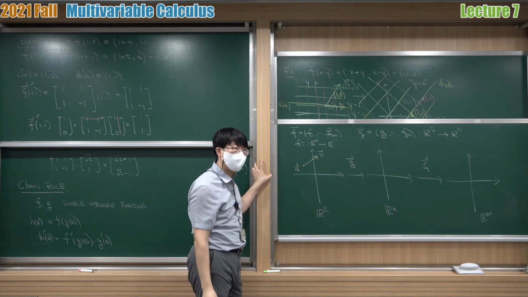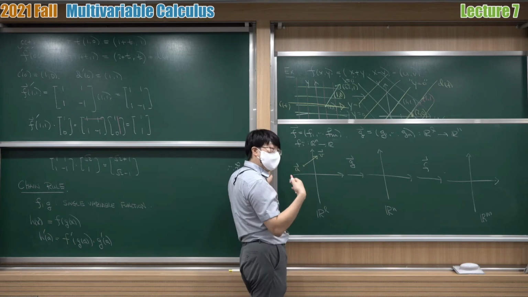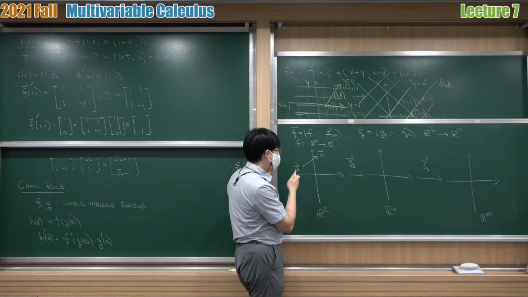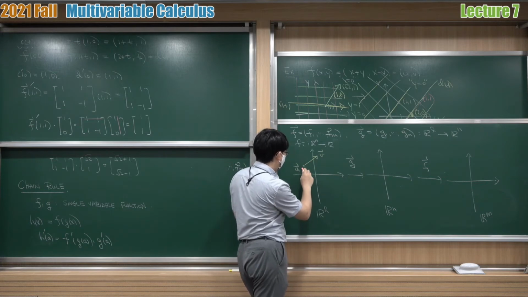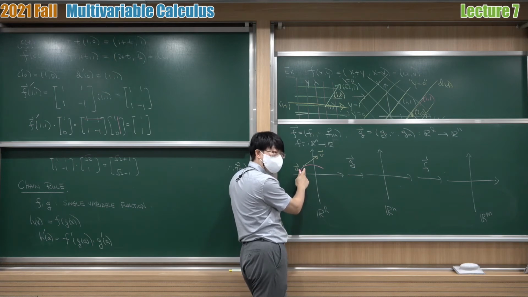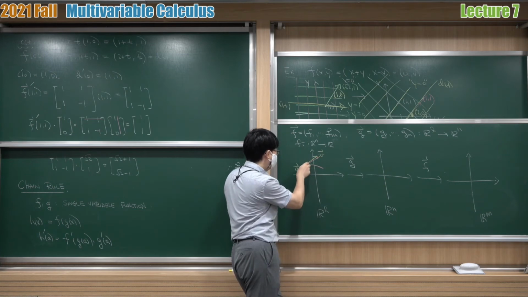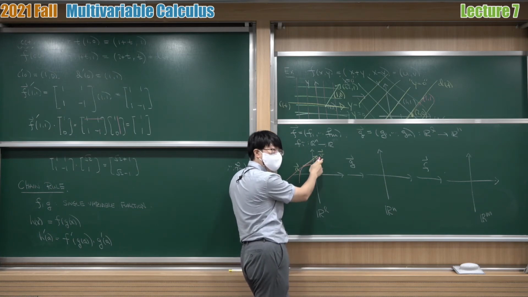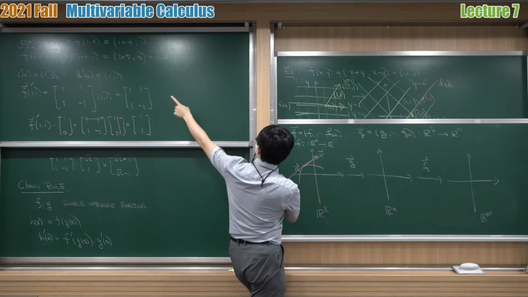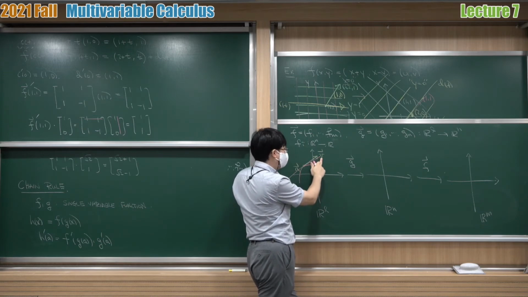In order to think about this movement, you can imagine a trajectory whose velocity vector is v at the point when it passes through the point A, or you can simply take your trajectory as a straight line parallel to v with the parametrization similar to the one that I did here, A plus t times v.